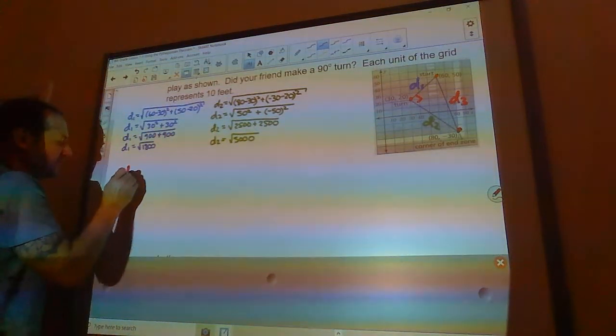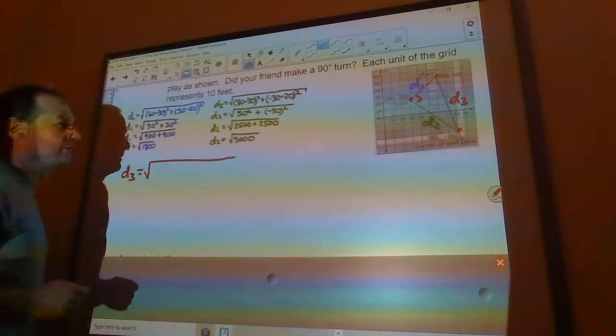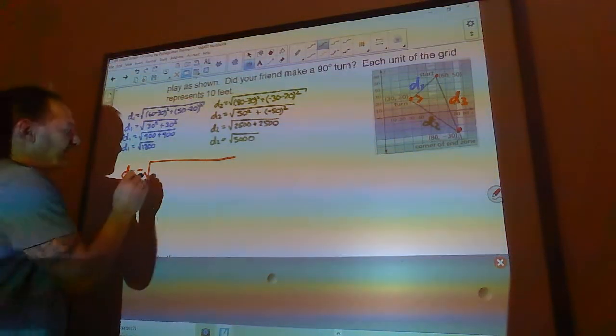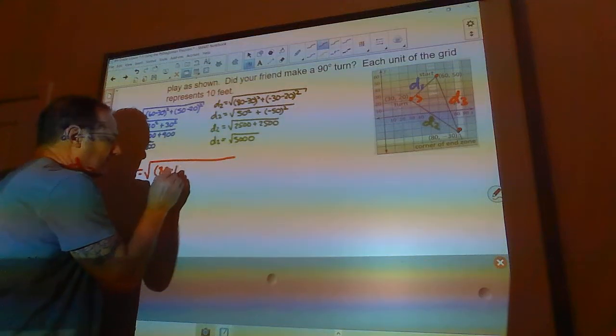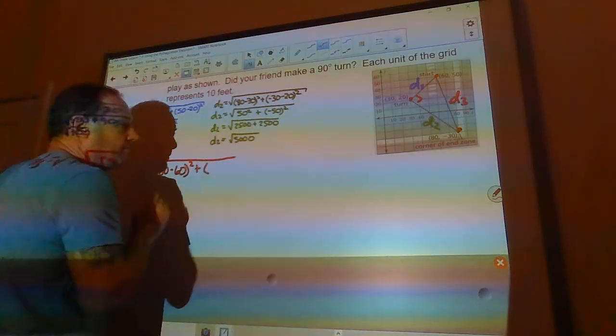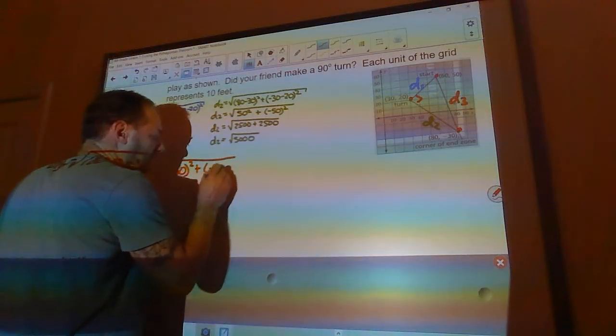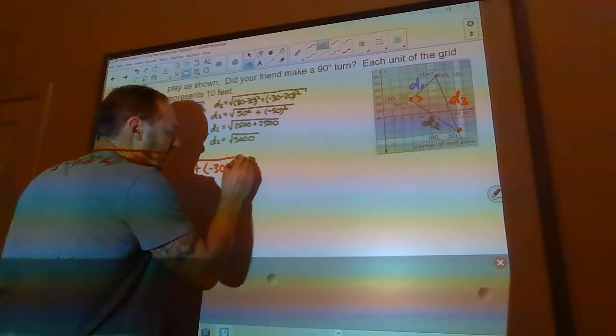So D3 is going to be the square root of 80 minus 60 squared plus negative 30 minus 50 squared.